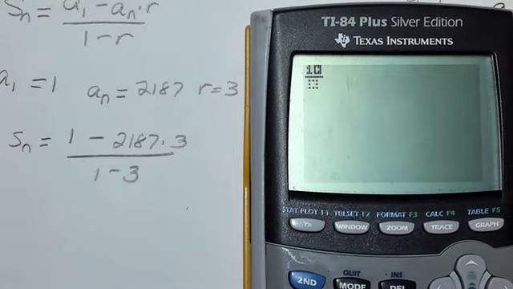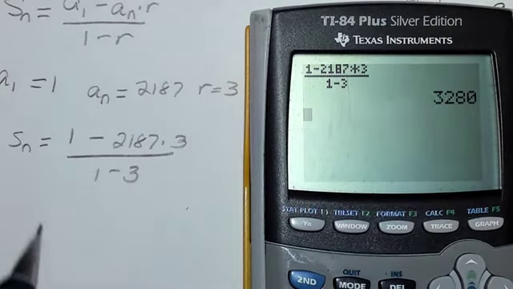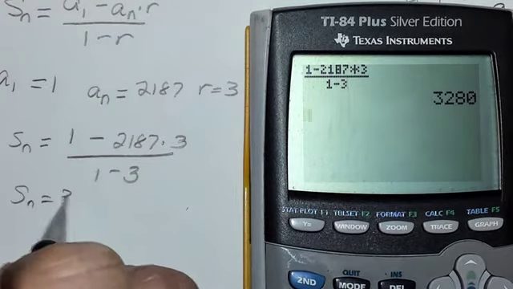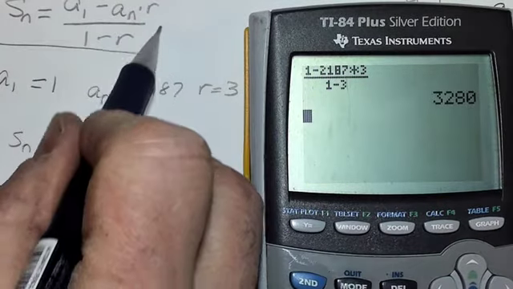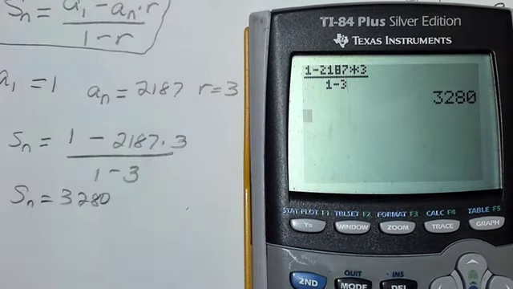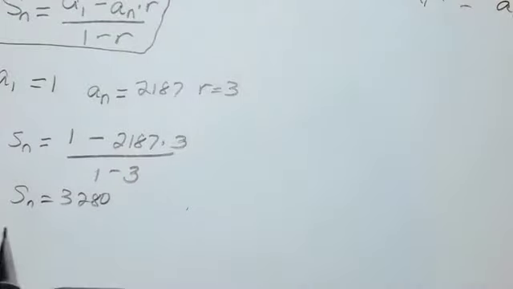We want 1 minus 2187 times 3, and on the bottom, 1 minus 3. And the answer is 3280. So sometimes we can find the sum by using this alternate form of the formula. All right, that finishes up section 11.4.